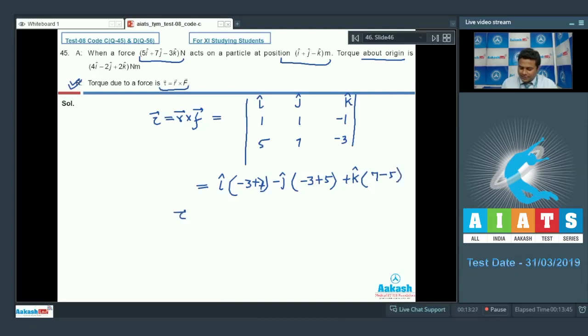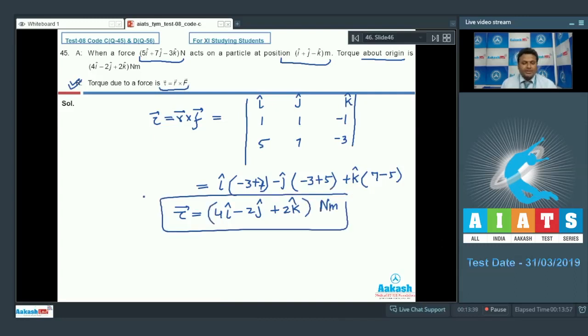After solving, we get tau equals 4I minus 2J plus 2K Newton meter, which is absolutely correct as given in assertion. So both assertion and reason are true, and reason is the correct explanation of assertion. So we will go with option number 1 here. Now let us move on to the next question, that is 46.